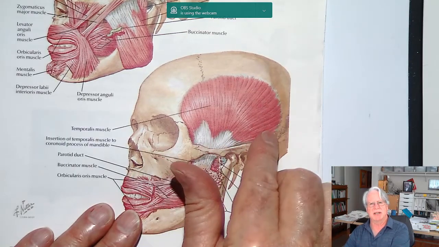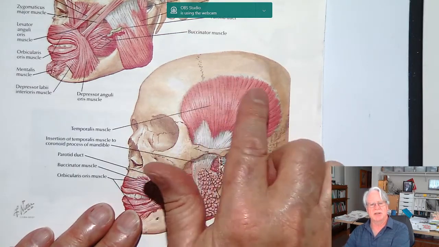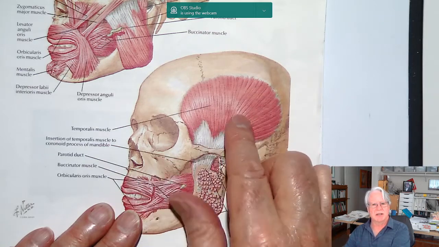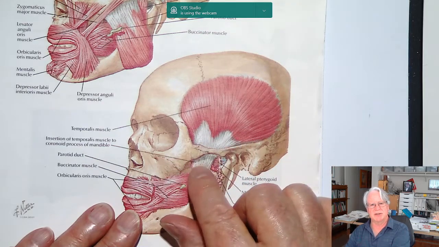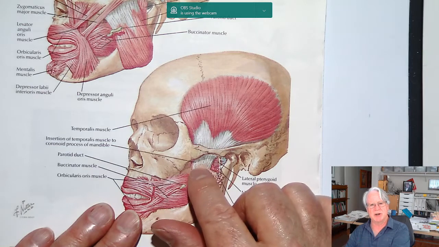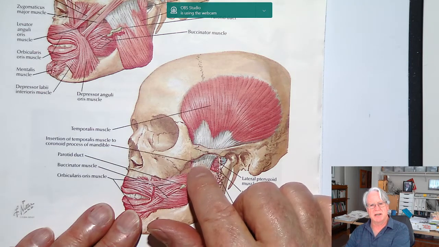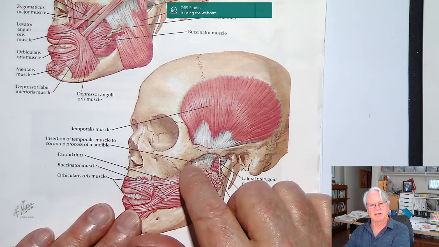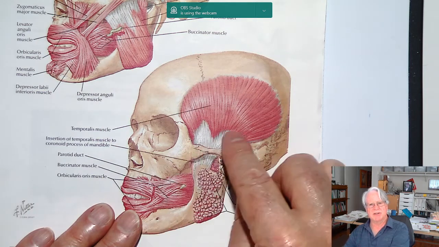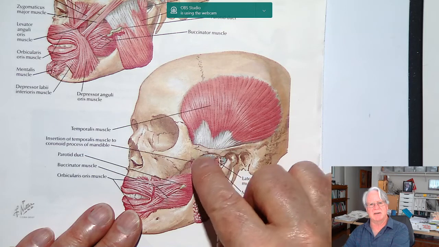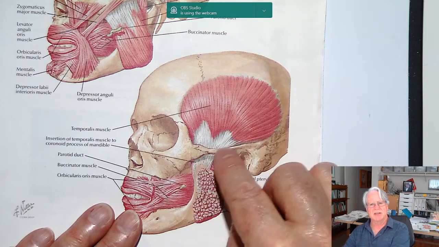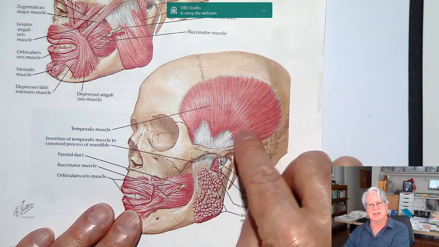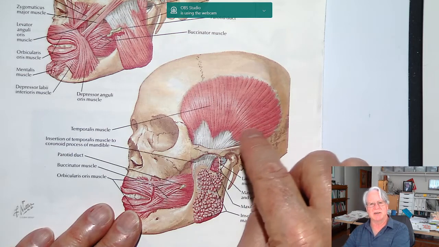So it has this vague, sweeping origin on the skull. As you see, it comes down and inserts here. Remember that shark fin structure that we looked at? That's where this muscle is attaching, to that structure right there. You notice that some of the fibers are coming back at this angle. You can isolate different parts of the muscle.